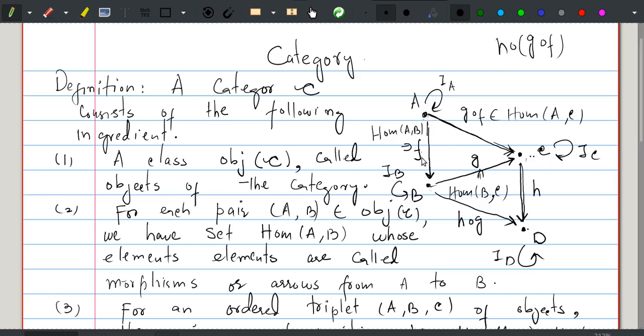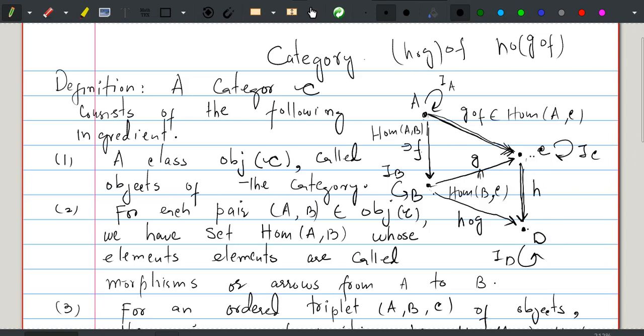First go from A to B via F, and then take the route from B to D, which is by HG. So we can reach from A to D via these two routes.